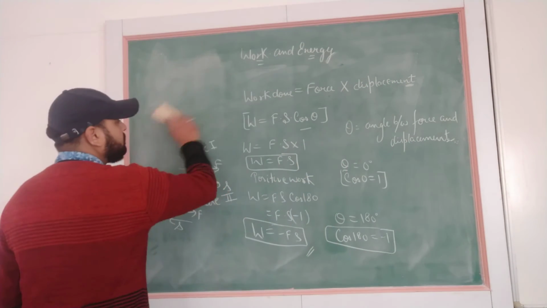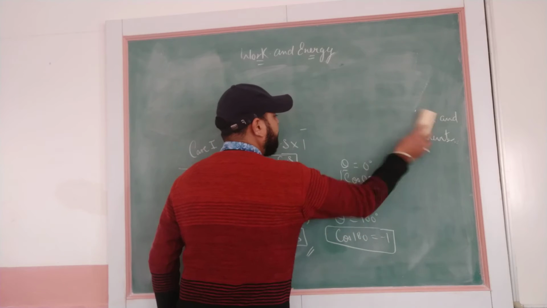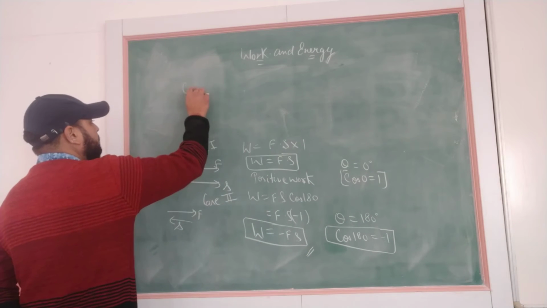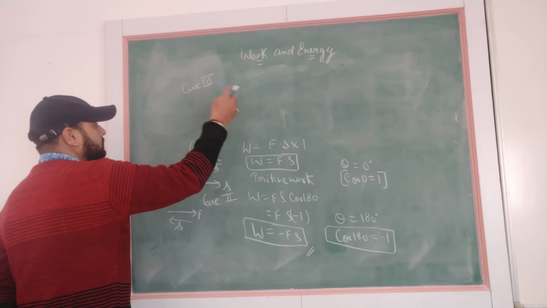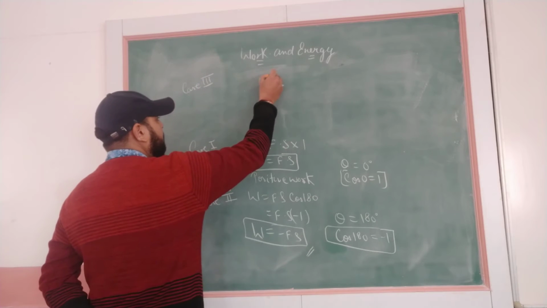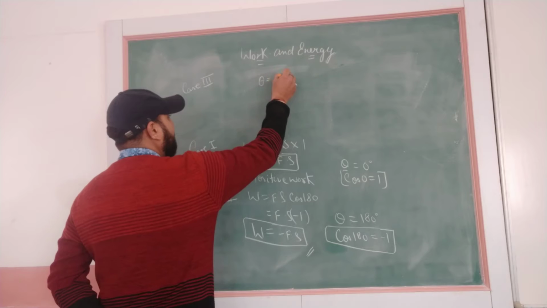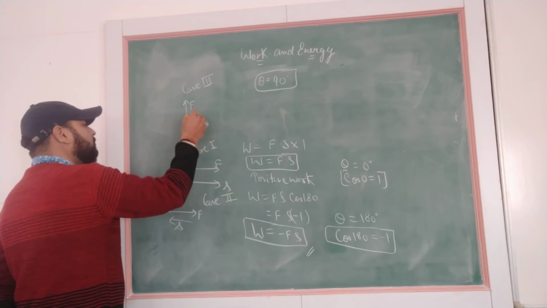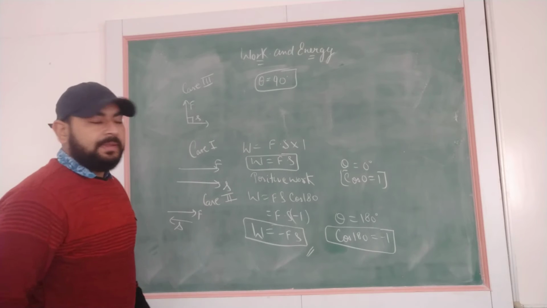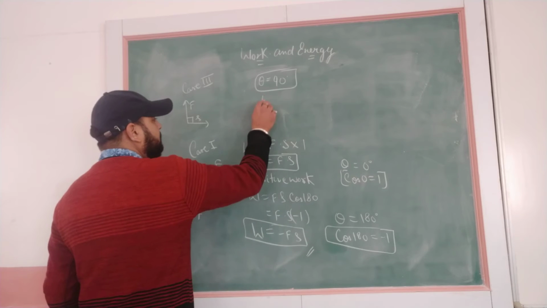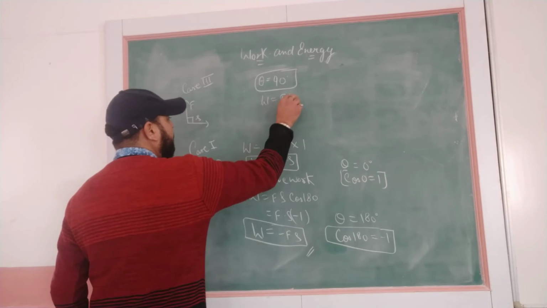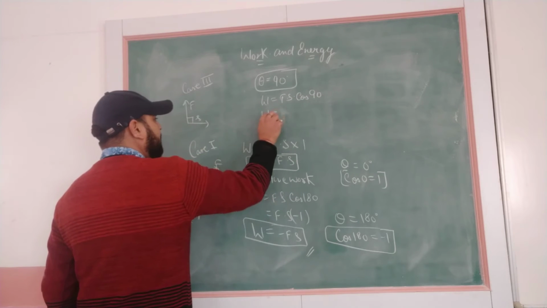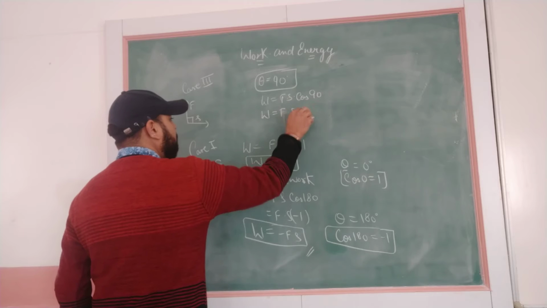Now, the third case is that theta is equal to 90 degrees. That means the force is in a direction perpendicular to the direction of displacement. In such conditions, work done will be equal to Fs cos 90, which is Fs into 0.